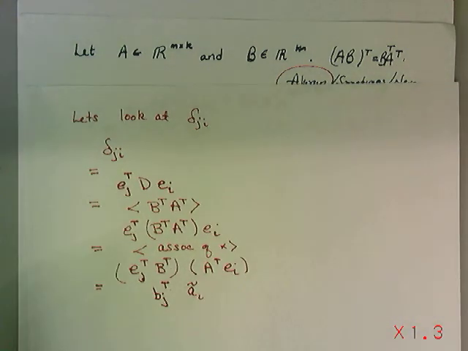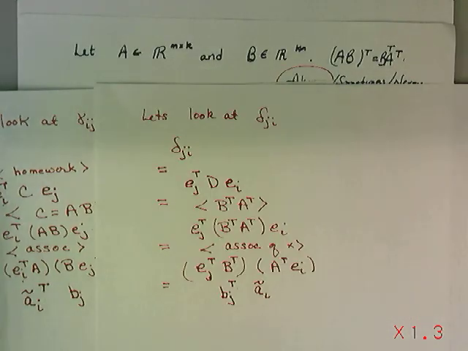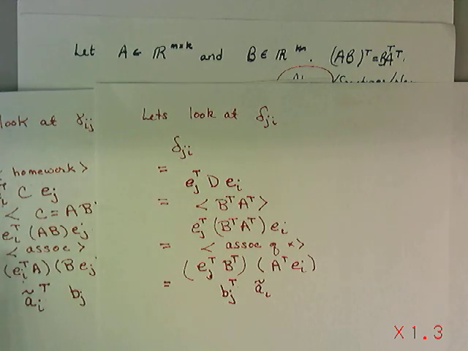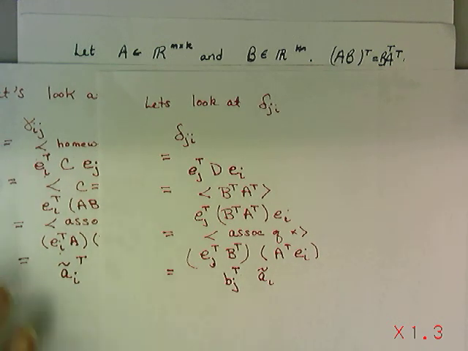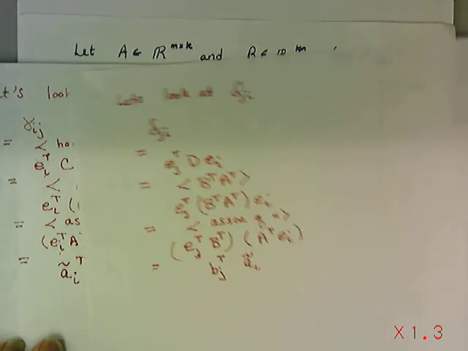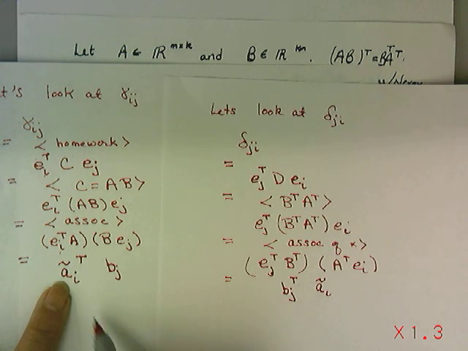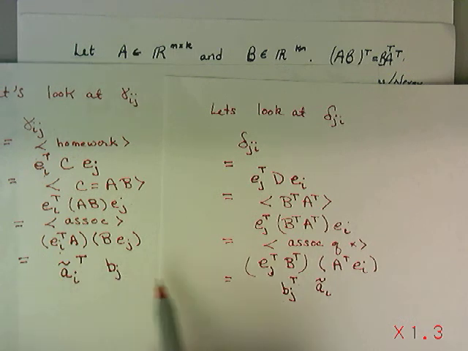If we compare gamma ij with delta ji, this is the dot product of the ith row in A times the jth column in B. This is the dot product of the jth column in B times the ith row in A. Well, you know what?